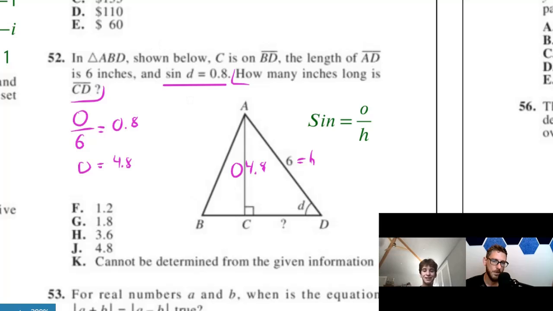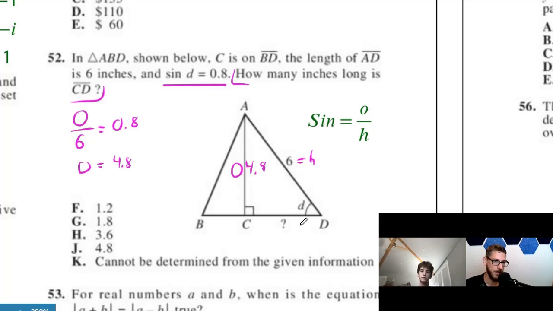Wait, no. Trig's going to be tricky because we don't know any other trig here, like we don't know the cosine or tangent. And we don't know the angle. So we could do an inverse trig function to find what angle D is, and then use that and cosine to find CD. I think that's kind of the roundabout way to get there.